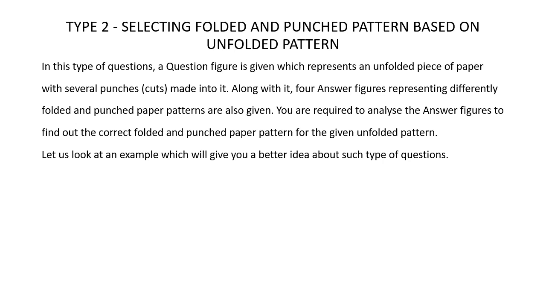Along with it, four answer figures representing differently folded and punched paper patterns are also given. You are required to analyze the answer figures to find out the correct folded and punched paper pattern for the given unfolded pattern. Let us look at an example which will give you a better idea about such type of questions.